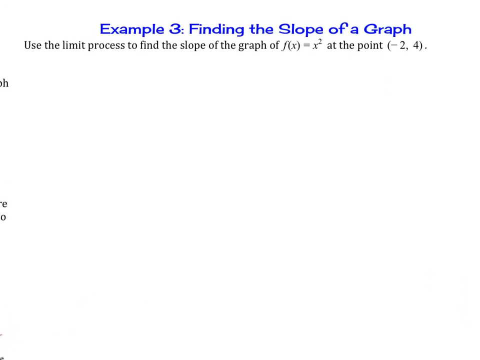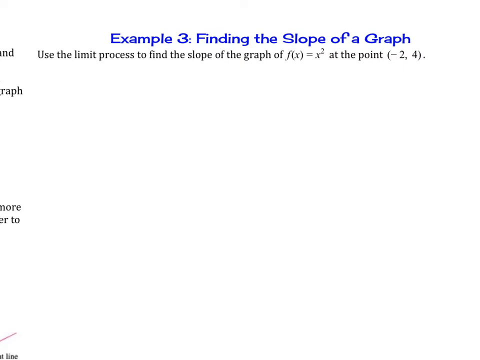Finding the slope of a graph. Use the limit process to find the slope of the graph of f of x equals x squared at the point -2, 4. So we're using the difference quotient, so that's f prime of x equals the limit as h approaches 0 of f of x plus h minus f of x all over h. So we're going to plug that into our equation, x squared.